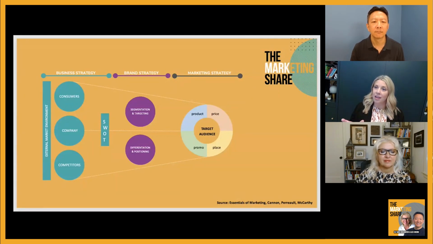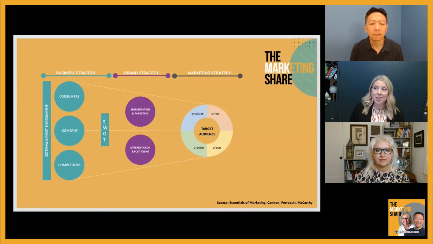And then targeting is really where you're connecting your brand with one of those segments in the marketplace. And if you have a portfolio of brands, thinking about connecting those various brands with various targets in that landscape that has been defined. So that's really understanding your consumer or customer, or you could say end user, very deeply.